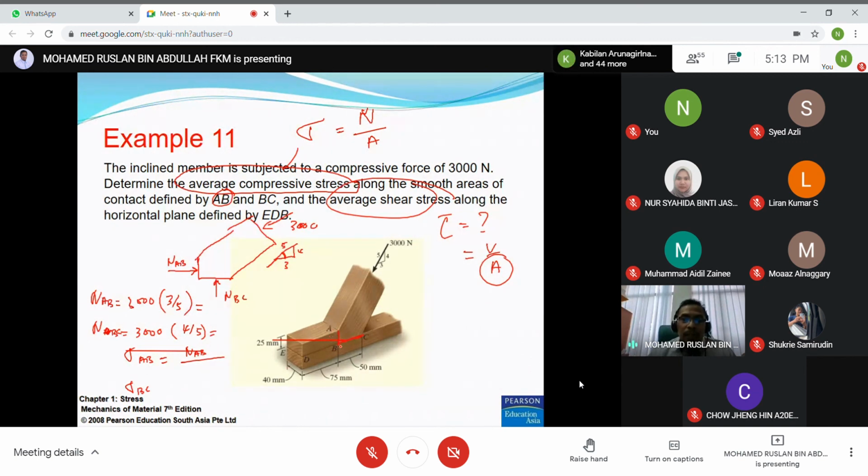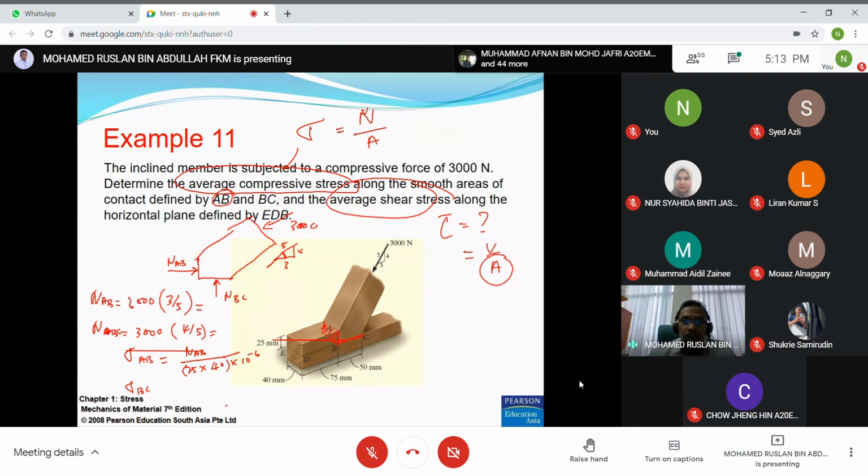The area of AB equals 25 multiplied by 40, times 10 to the minus 6. This is the area, as you can see here.